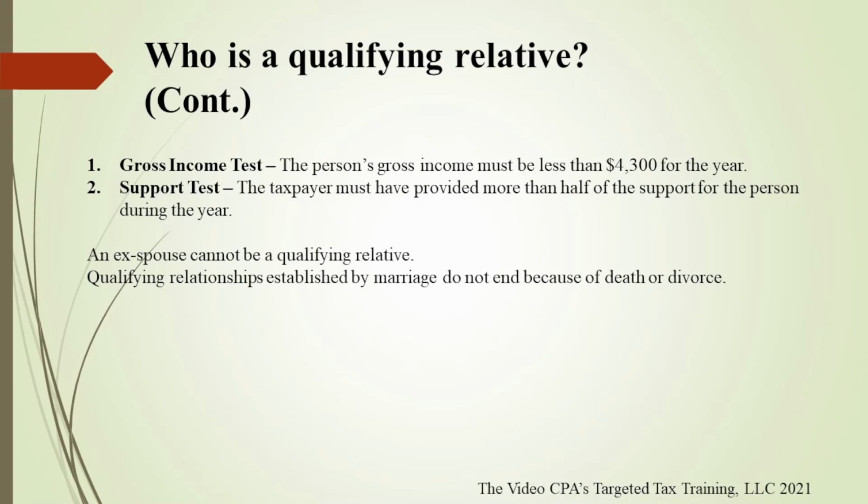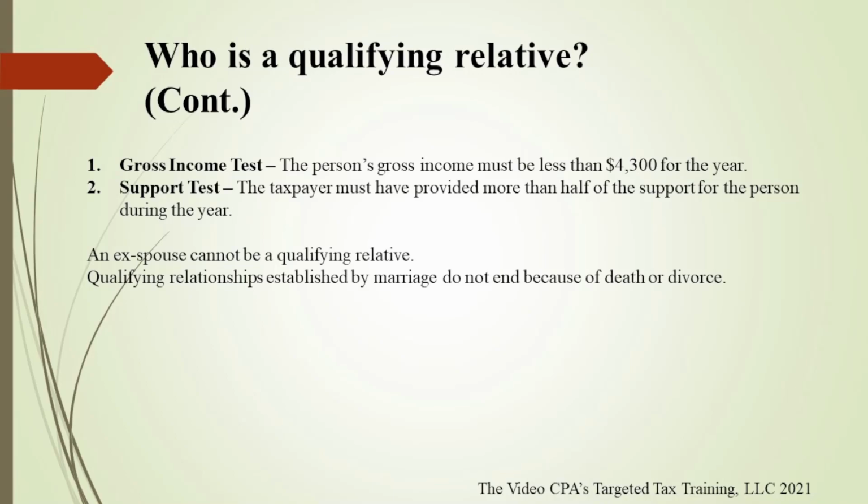But that's not a lot of money. So these are individuals that have retired, or they're handicapped, or they don't work, they don't have a job. So a person is not going to qualify as a qualifying relative if they make very much money at all. $4,300 is the limit.